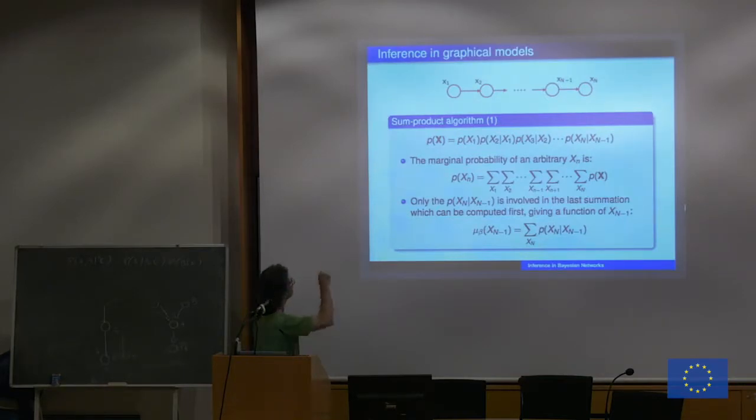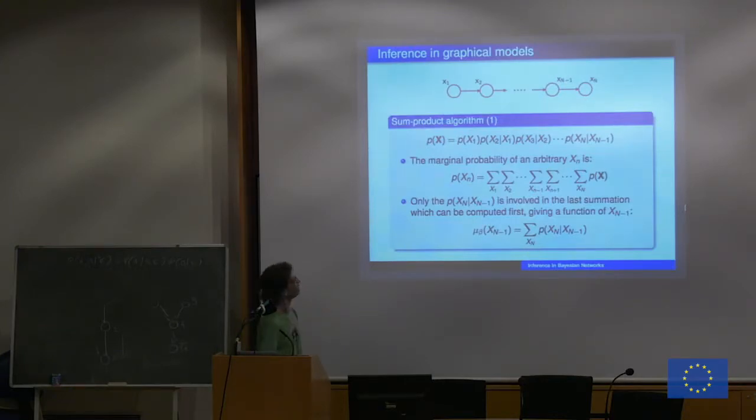Now, marginalization tells me that the probability of one variable is obtained from the joint probability represented by the network, summing up over the values of all the other variables, okay? x1, x2, up to xn minus 1, then you skip xn because it's what you are interested in, and you go xn plus 1 up to capital N. You sum over all other variables, okay?